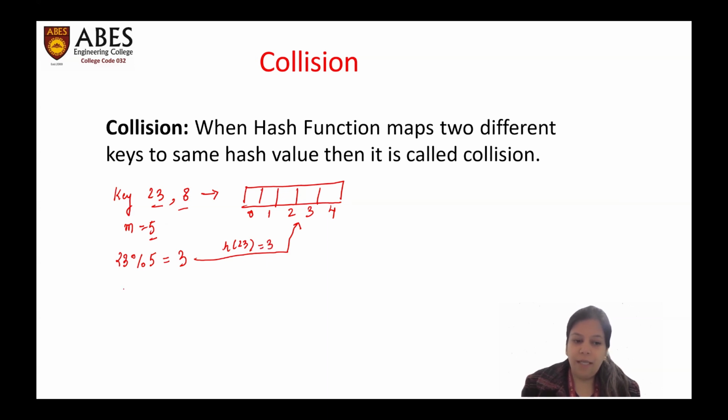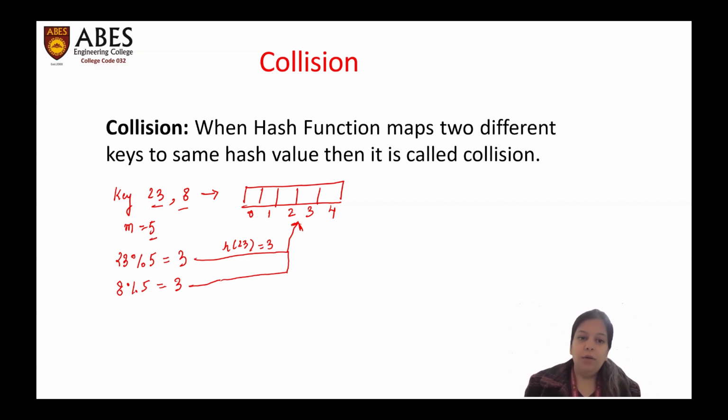And again, if we take the next key, which is 8, and divide it by the table size 5, we get a remainder 3. So this will again be mapped on the same index 3. This is where the collision occurs. We are trying to store different keys at the same index.